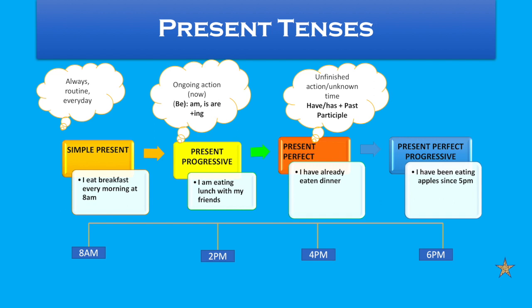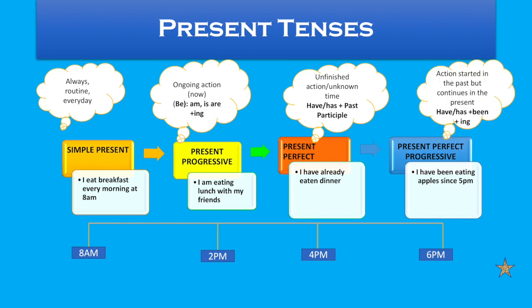So we say, I have already eaten dinner. So you use the verb have or has plus the past participle. Even though we're making reference to a present perfect situation, we use the past participle because we're referring to an action that happened sometime in the past but not too long ago.